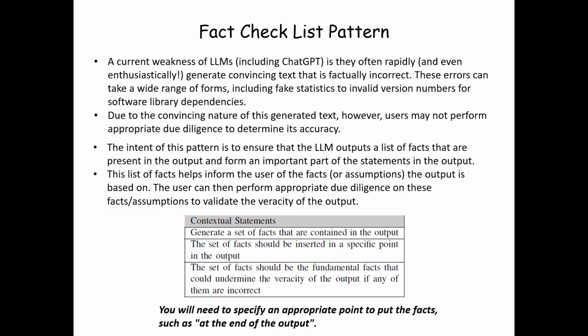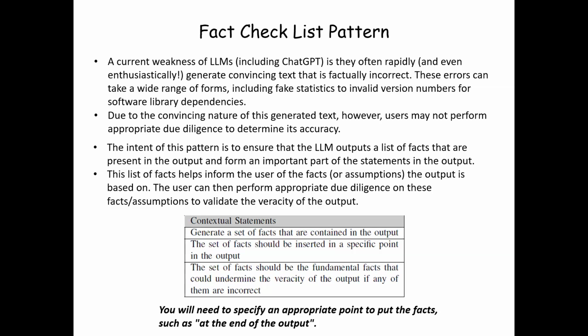So there's a pattern called the fact checklist pattern. The intent of this pattern is to ensure the large language model outputs a list of facts that are present in the output and form an important part of the statements in the output. Then the user can check the list of facts to validate the accuracy of the output.